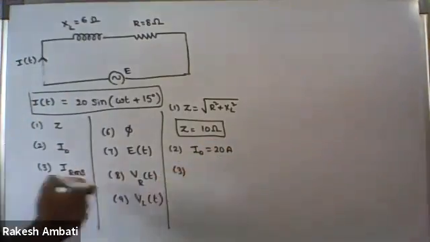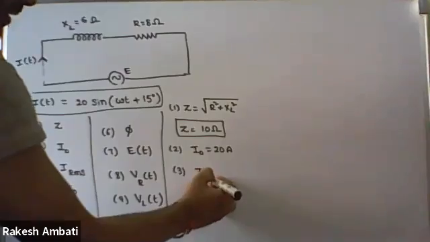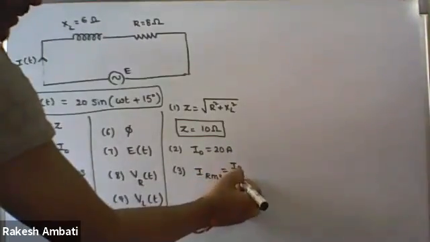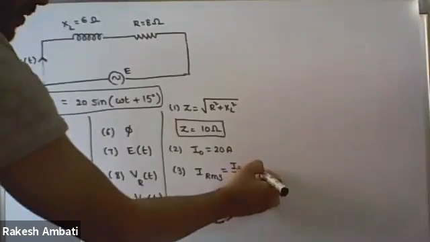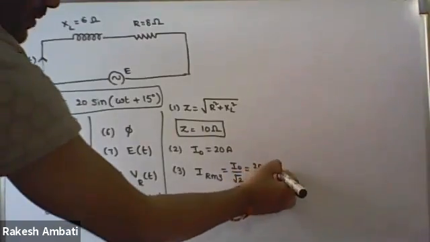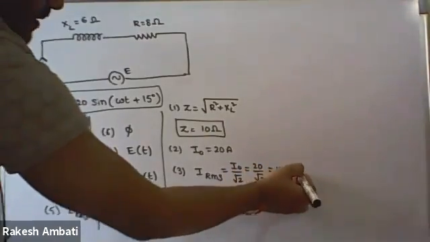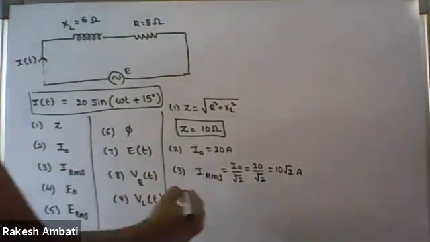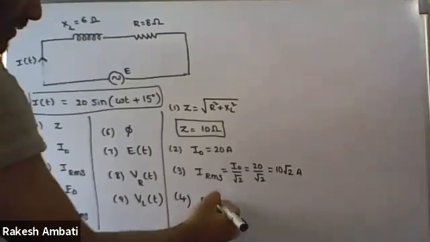Now the third question. If we know I naught, then how to find IRMS? I naught upon root 2. So 20 upon root 2 is 10 root 2 amperes. Next, the fourth question, I want to find E naught.